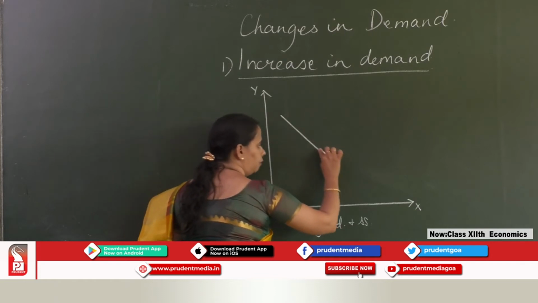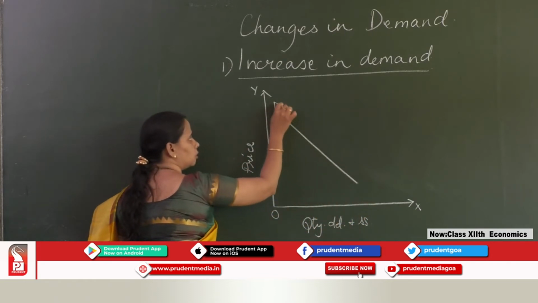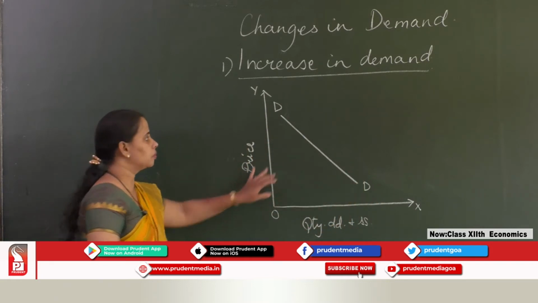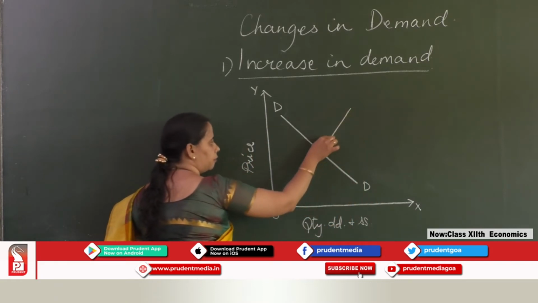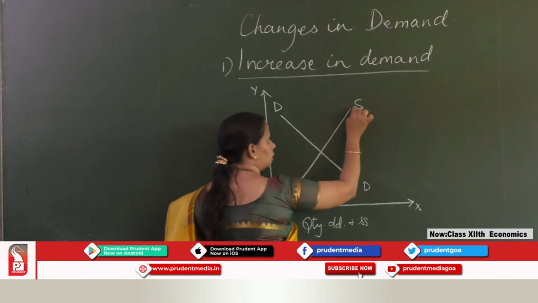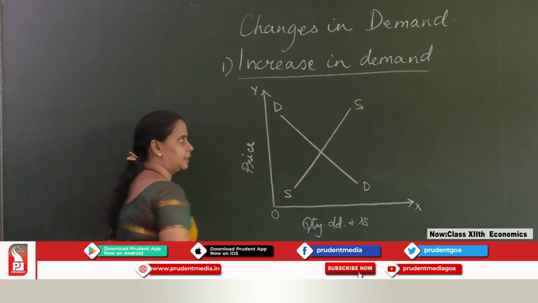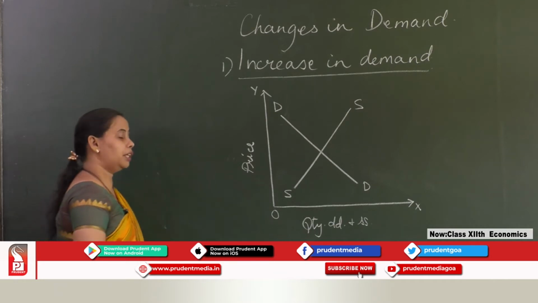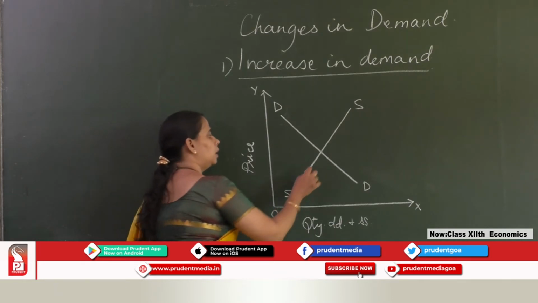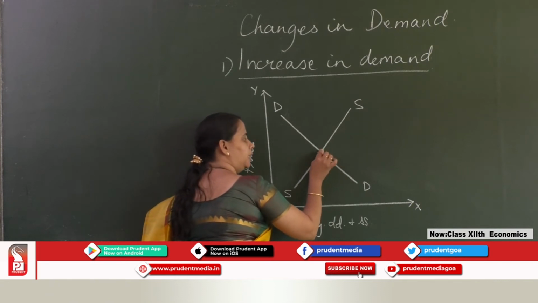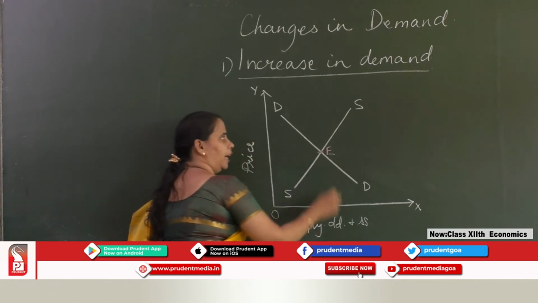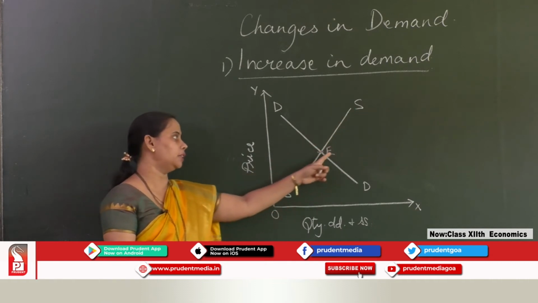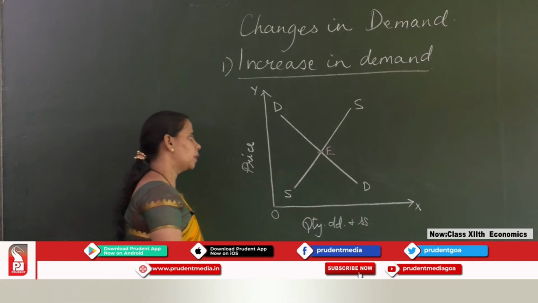Again, we have the demand curve DD and the supply curve SS. As we have seen in the earlier diagram, the equilibrium is maintained at a point where the demand curve intersects the supply curve, that is, we have the point E.